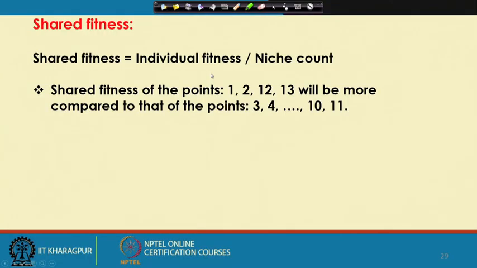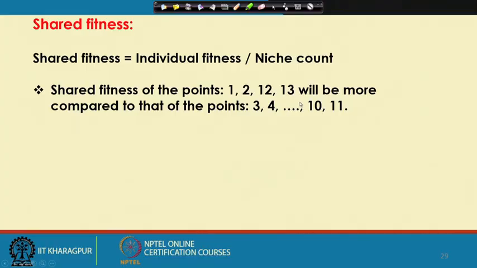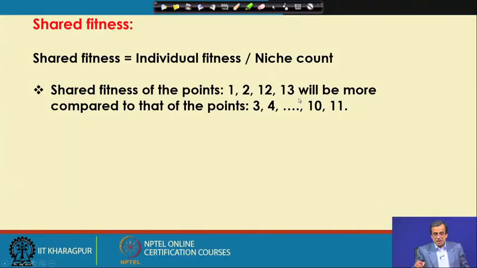Initially we assume that the individual fitness values are equal, and the niche count value for the points 1, 2, 12 and 13 will be less compared to the other points like 3, 4, 10 and 11. Consequently, the shared fitness of the points 1, 2, 12 and 13 will be more compared to that of the points 3, 4, 10 up to 11.